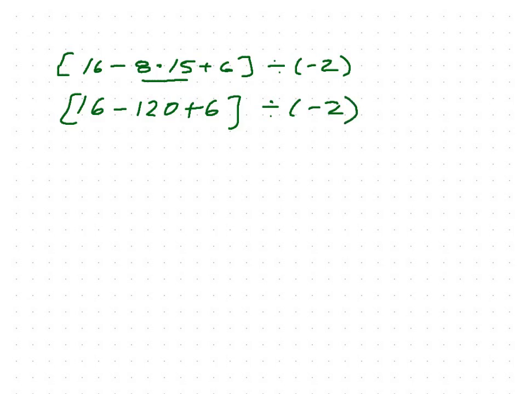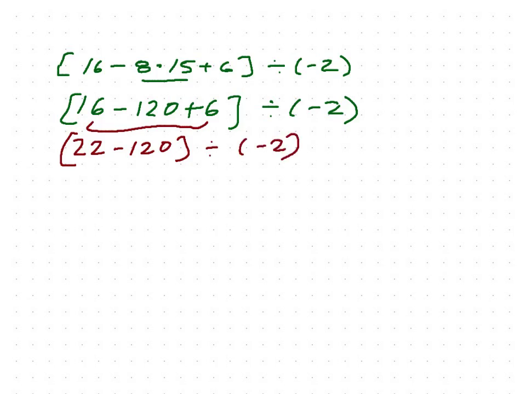Some people who like to do mental math more than calculator math might want to group together the positive numbers first and do 16 plus 6 and get 22. Take away 120. Maybe that is better to do in your head, I'm not sure. But that's something that is recommended, is grouping.